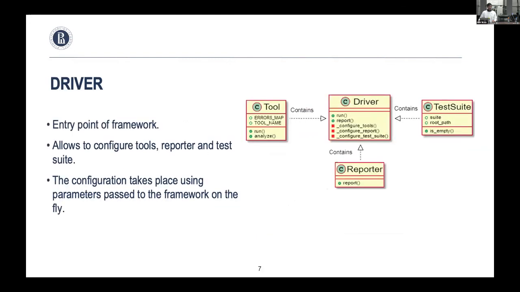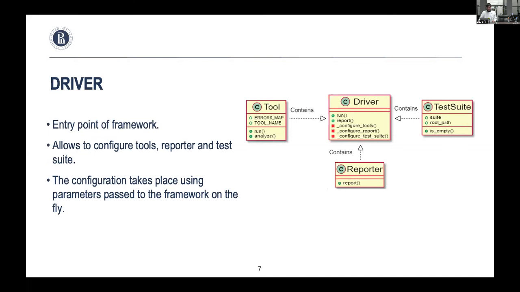Driver is the entry point of the framework. It allows to configure tools, static analysis tools, reporter, and test suite. And the configuration of the driver takes place using parameters passed to the framework on the fly.